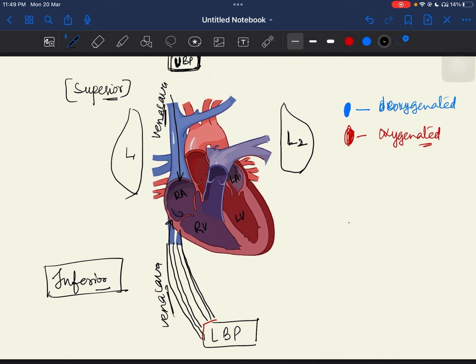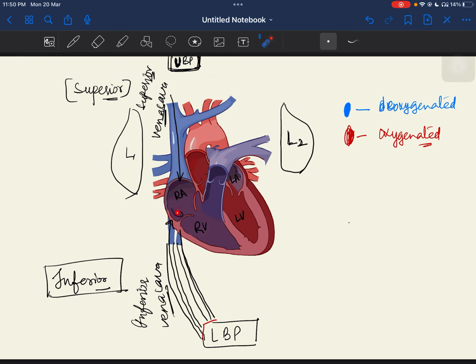That's why it's called the inferior vena cava, and this is called the superior vena cava. तो अब inferior vena cava and superior vena cava together empty the blood in right atrium. Here, this will take its part here, and this will take its part here, and they together empty the blood here in the right atrium.